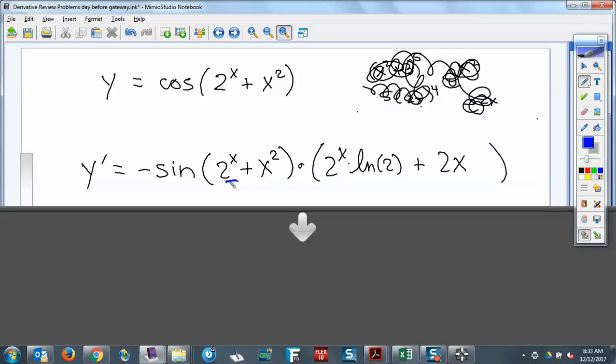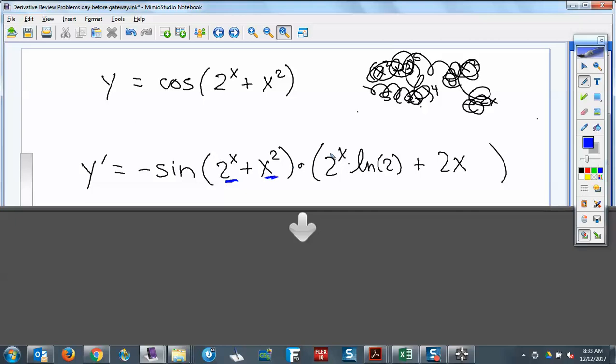And now when I'm doing this derivative, it's a plus, so I'm doing those individually. When I do this derivative, I'm doing 2 to the x times ln2. I've got to do the ln2 right then when I'm doing the derivative of the 2 to the x. Then the plus, then the derivative of the x squared. And that's a common mistake I see there as well. So it's got to look like that.